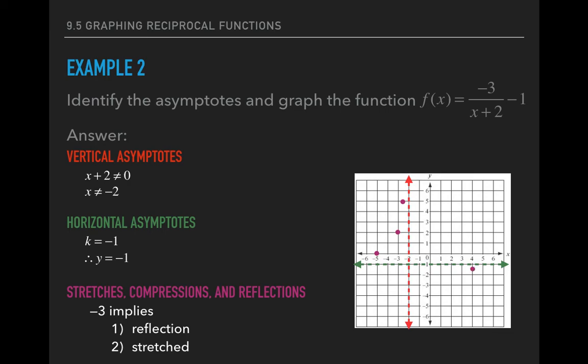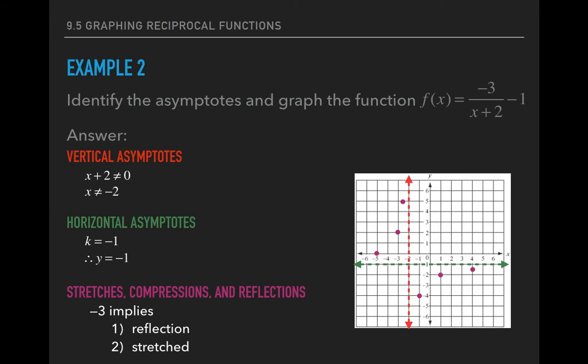Similarly, at 4, the output is -1.5. At 1, the output is -2. And at -1, the output is -4.